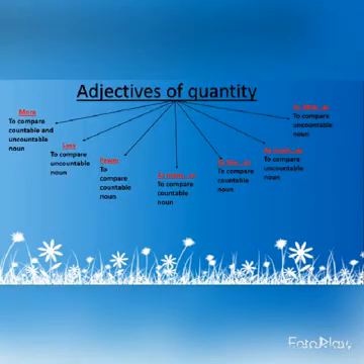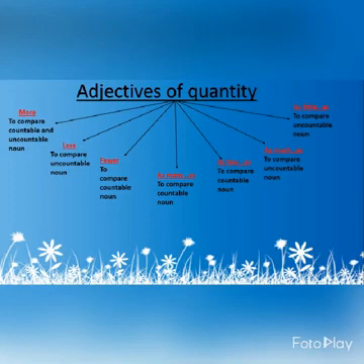Now, adjectives of quantity are also used to make comparison. We use these adjectives of quantity for comparison, like more, less, fewer, as many as, as much as, as few as, as little as. Now let's see how we are using it.